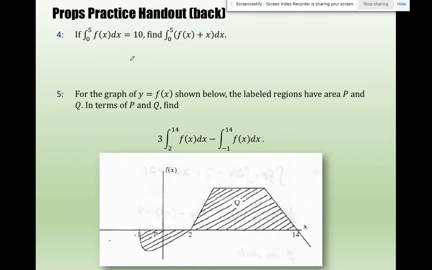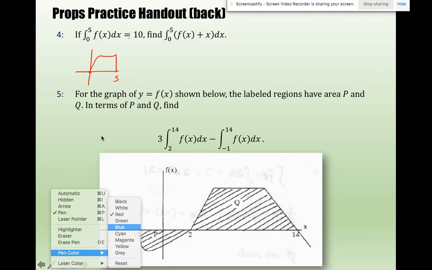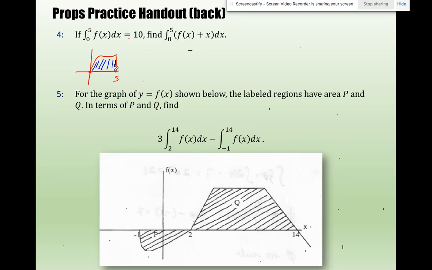This is a very similar problem to what we just did without the odd piece, right? If the integral from 0 to 5 of f of x is equal to 10, whatever that is, that's a 10.